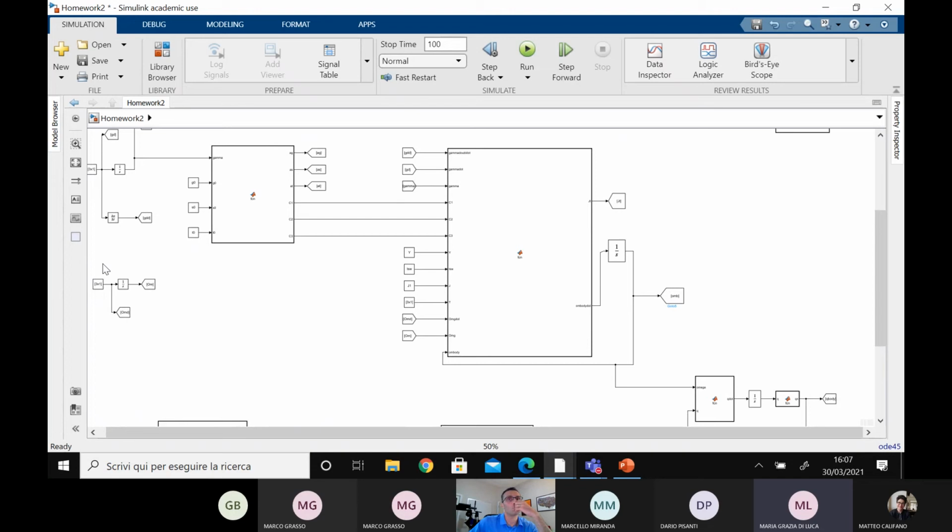So now, if I write a block, I need some kind of feedback between these two.